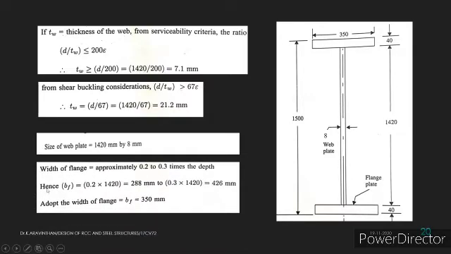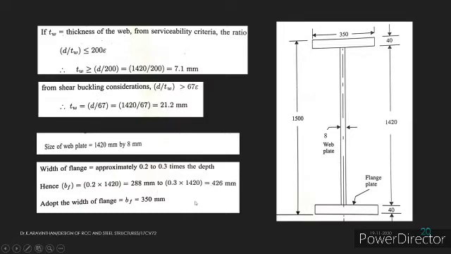Okay. Also, the width of the flange might be approximately 0.2 to 0.3 times the depth. So the breadth of flange should be 0.2 times the depth. The depth here is 1420. If you multiply this, you will get 288 mm. Also, if you consider 0.3 times the depth, you will get 426 mm.